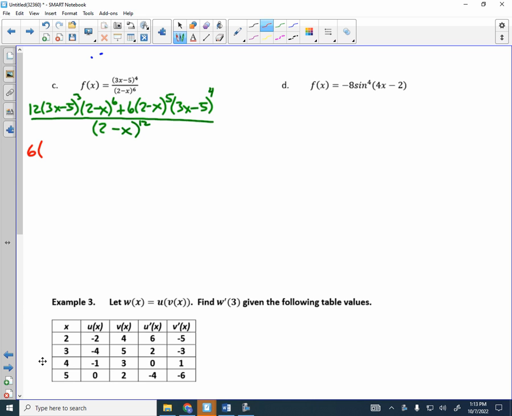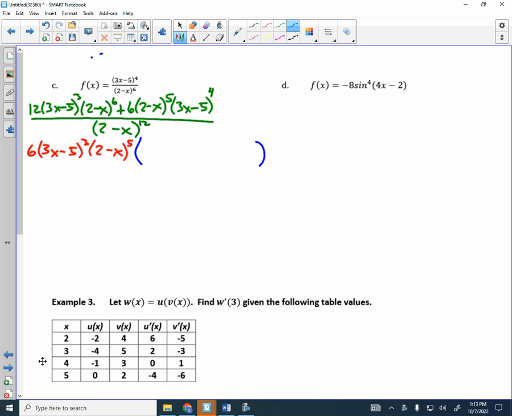And the common factor among 3x minus 5 to the third and 3x minus 5 to the fourth is 3x minus 5 to the third. And then 2 minus x to the fifth. So that's my common factor that I take out, and we'll see what's left.